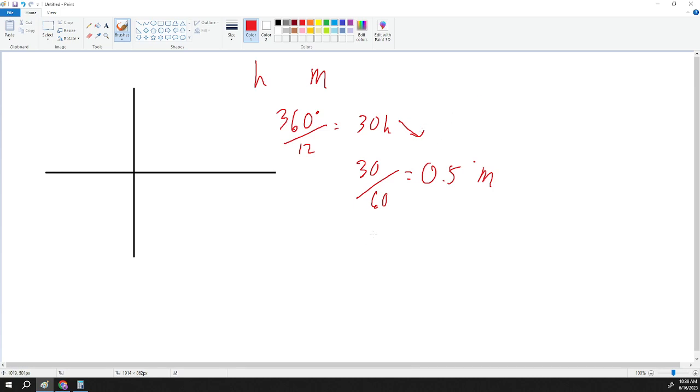So ito yung sagot natin. 30 times hours plus 0.5 times minutes. This is how we get the angle of the hour hand. Because again, every hour would have been 30 degrees and every minute would have been 0.5 degrees.